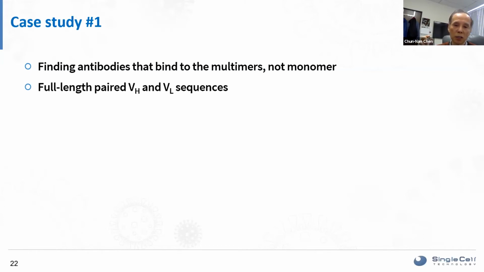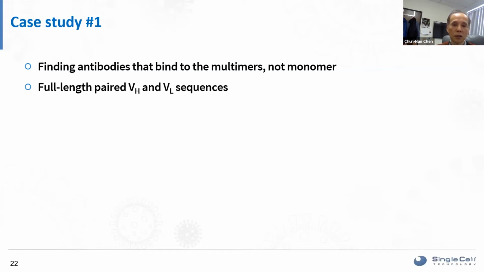So we want it to bind to the multimer configuration, not the monomer. This is quite challenging because, even though you inject the multimer into the animals, most of the time you're going to find antibodies that bind to the monomer, because that is part of the composition. So how do you find that?